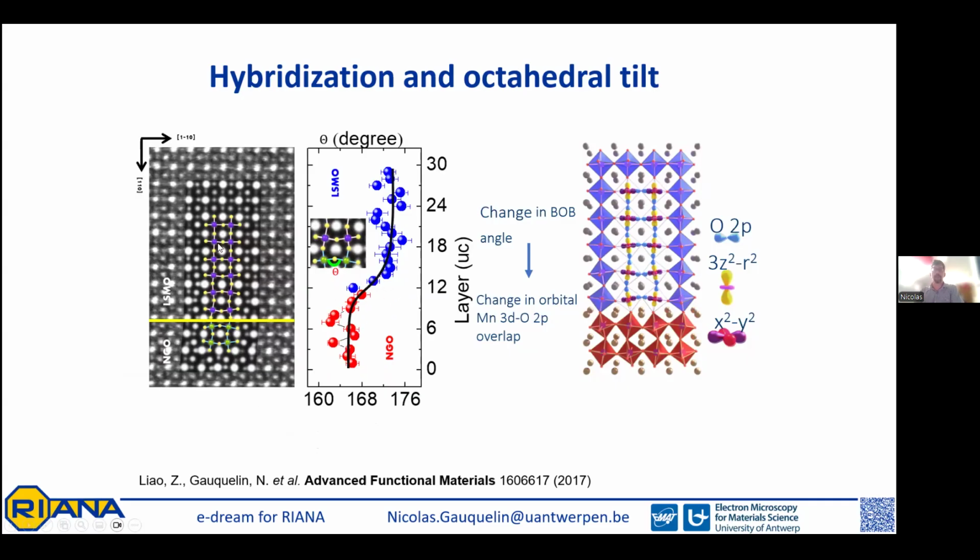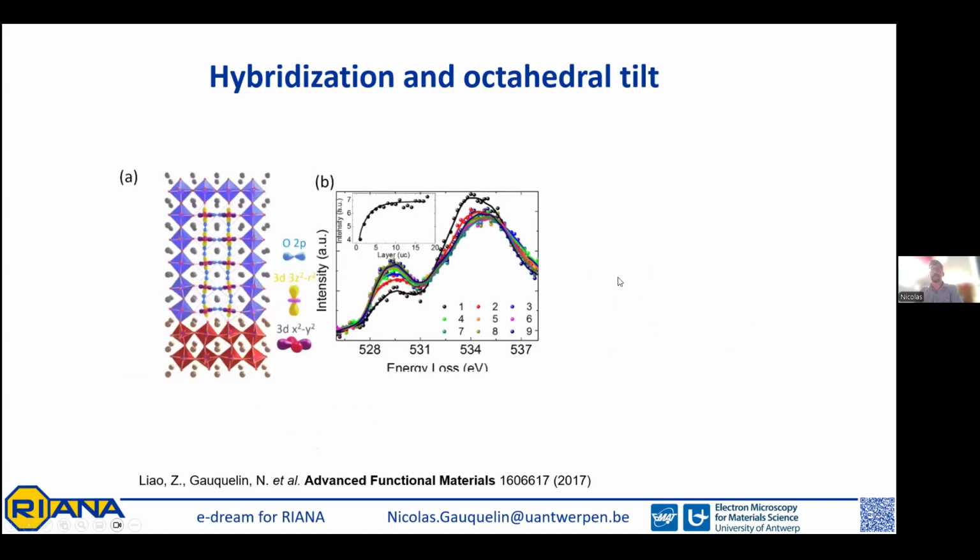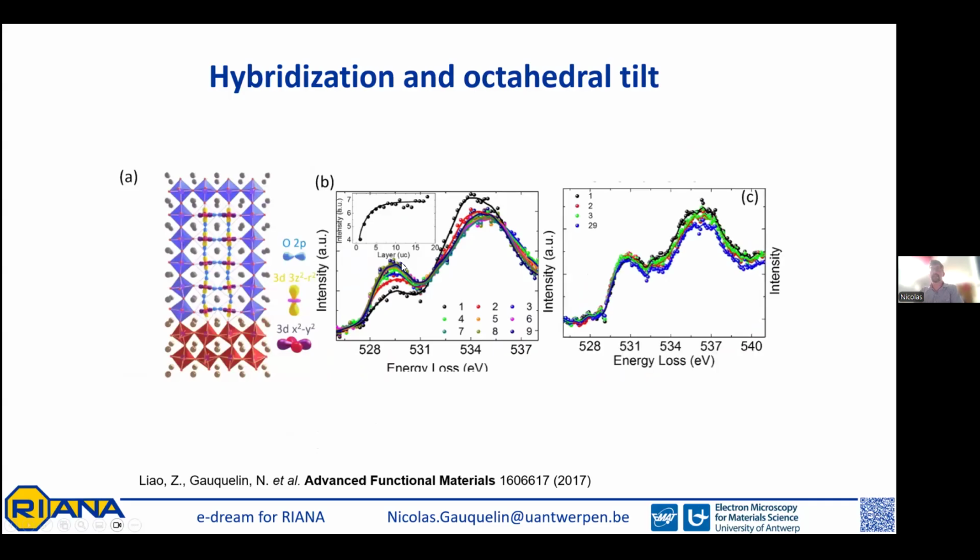So you see that you have some octahedral tilt present at the interface between your substrate and your film. And this can be actually revealed by EELS by looking at the difference between the buffered sample and the non-buffered sample, where you see that this peak, corresponding to hybridization of the oxygen 2p with the manganese 3d orbitals, is actually strongly decreased in the first layers at the interface between the two materials.